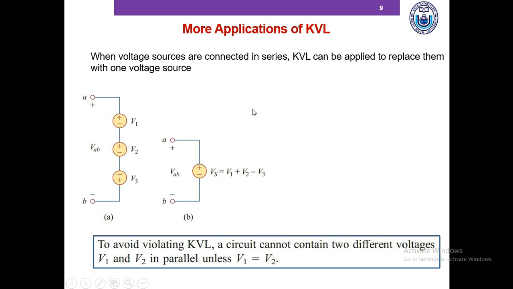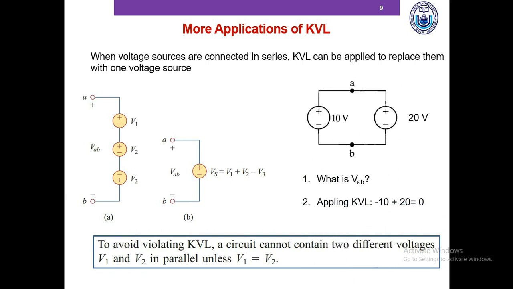Furthermore, to avoid violating KVL, a circuit cannot contain 2 different voltage sources, V1 and V2, connected in parallel, unless both of the voltages are equal. So here's an example. Here between the terminals A and B, I have 2 independent voltage sources, one of 10 volt and the other of 20 volt.